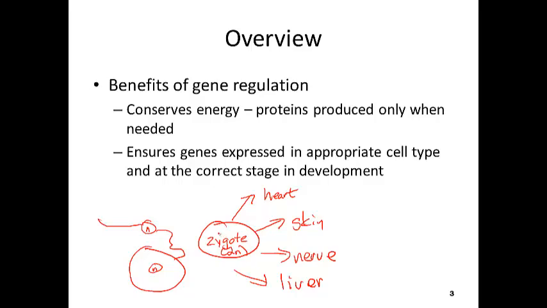You are diploid as soon as that sperm and egg successfully fuse together. So how can we make all these different cells when the information doesn't change? The answer is how the information is expressed and the times they are expressed, the levels of expression, all help then establish a multicellular organism with very diverse cell types.